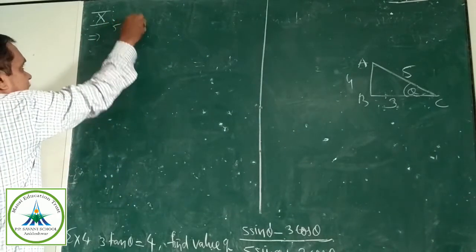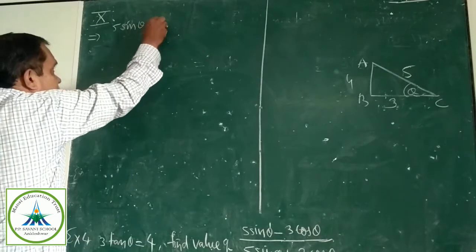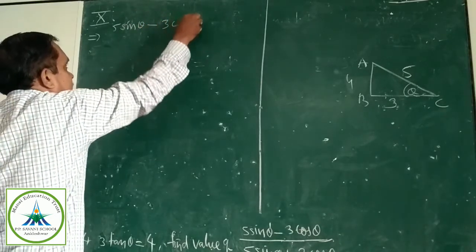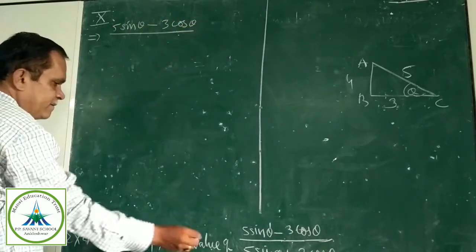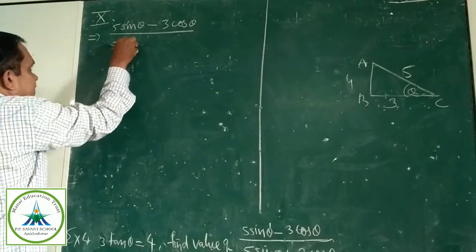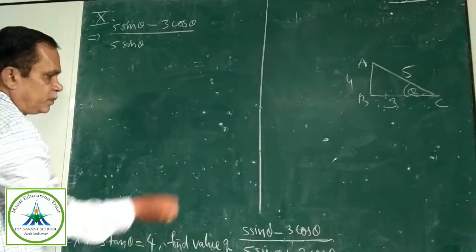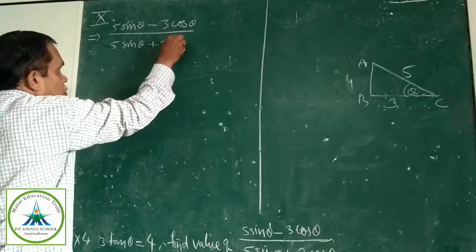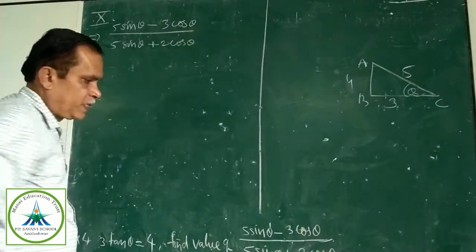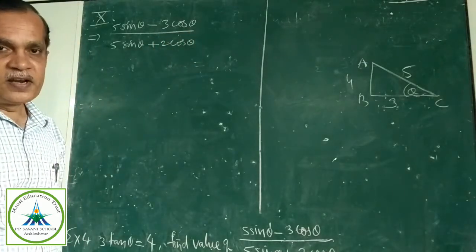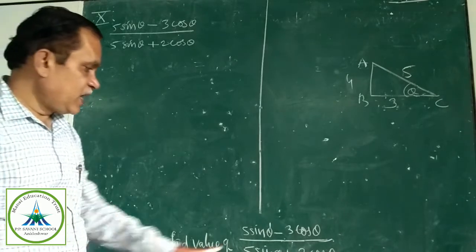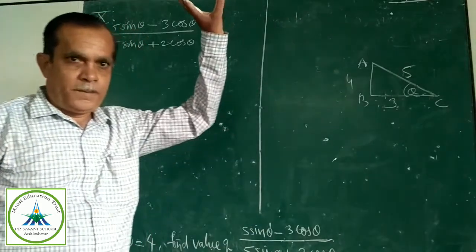I am taking 5 sin theta minus 3 cos theta upon 5 sin theta plus 2 cos theta. Now we are in class 10, so we can write the direct values from the diagram.